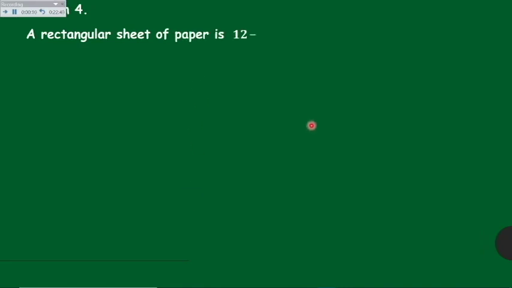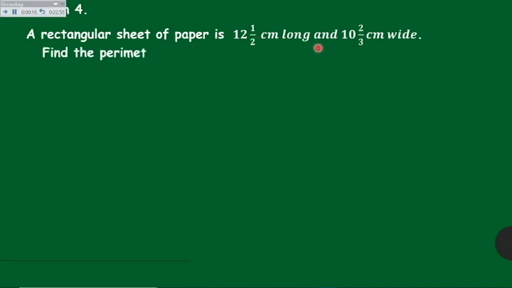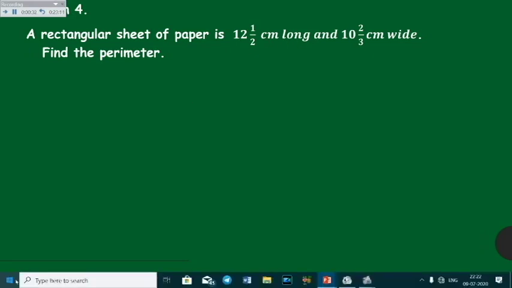A rectangular sheet of paper is 12 whole 1 by 2 centimeter long and 10 whole 2 by 3 centimeter wide. Find the perimeter. Okay, this is a rectangular sheet of paper whose length is given.